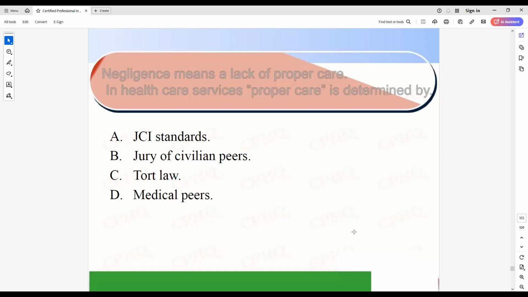What is a jury of civilian peers? What does civilian peers mean? You tell me. Civilian outsiders, not patients. Outsiders.